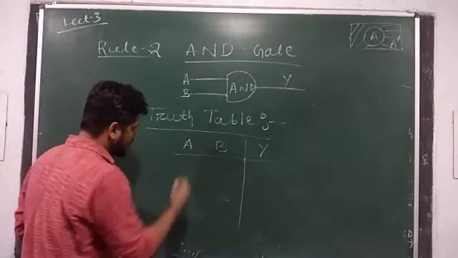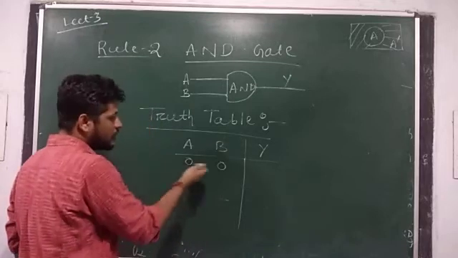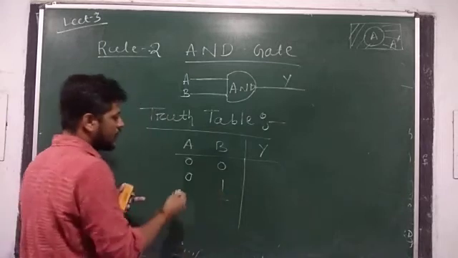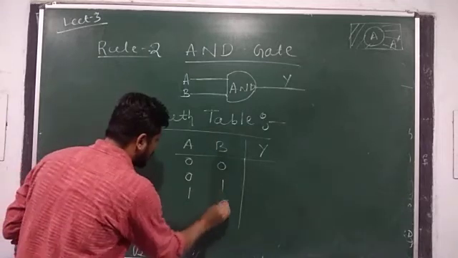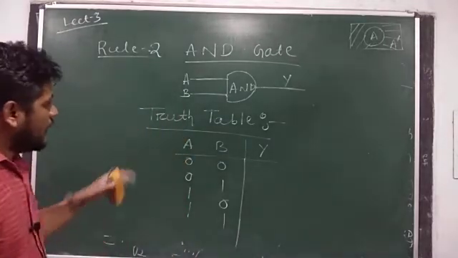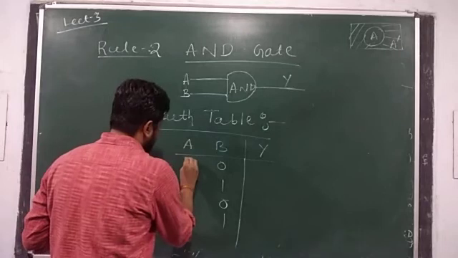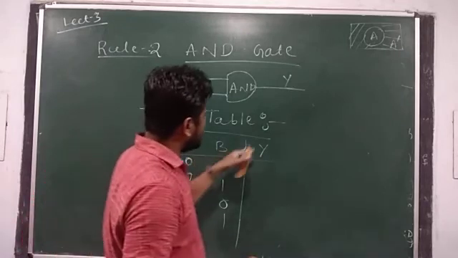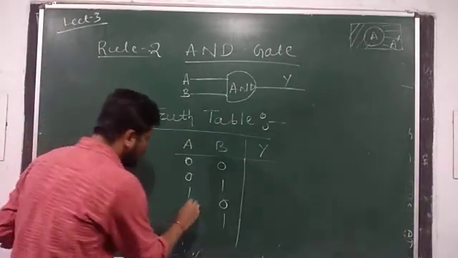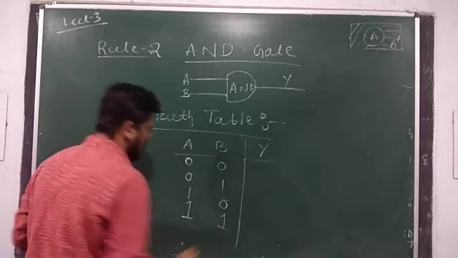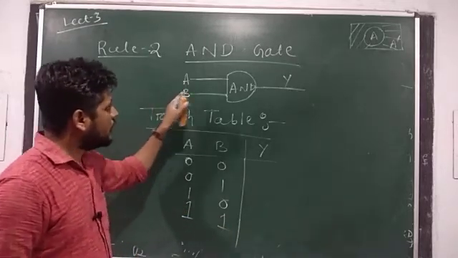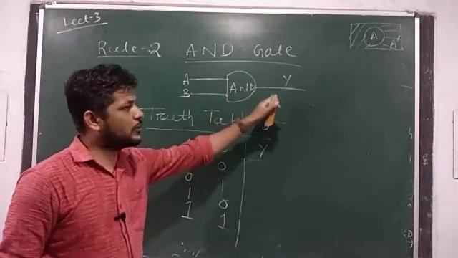And what are these combinations? 0 0, where 0 means off with respect to switching logic, 0 1, that is off on, 1 0, on off, and 1 1, on. Always remember that this AND gate output will be high only when both the inputs are high. That is when A is equal to 1 and B is equal to 1.